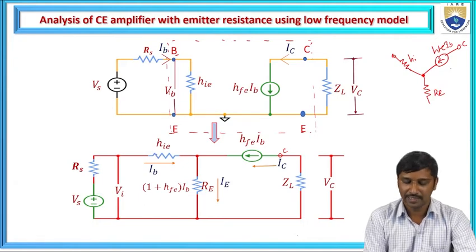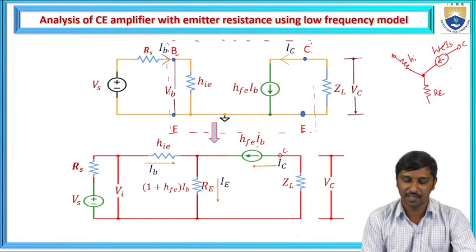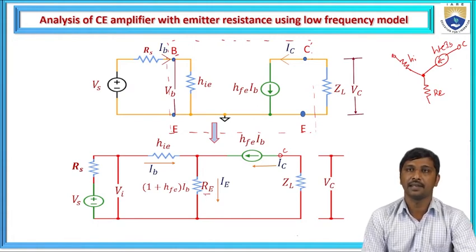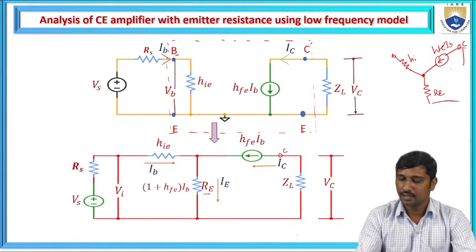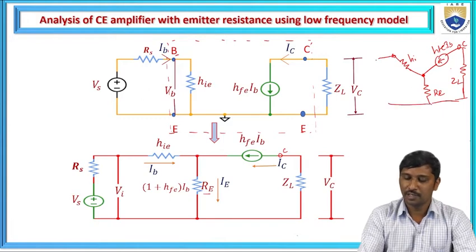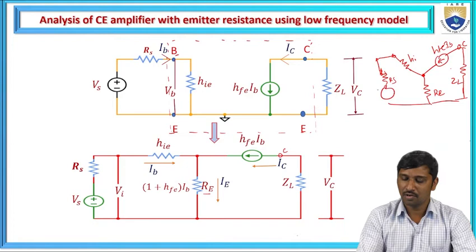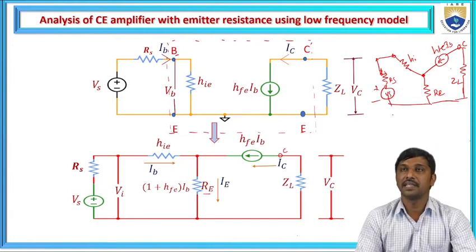So HIE and HFE times IB, these two are meeting at the emitter terminal, and the emitter terminal is biased with an emitter resistance that is represented as RE. On the output side, we need to place a load resistance that is ZL, and on the input side we need to place a source resistance RS along with a voltage source VS.